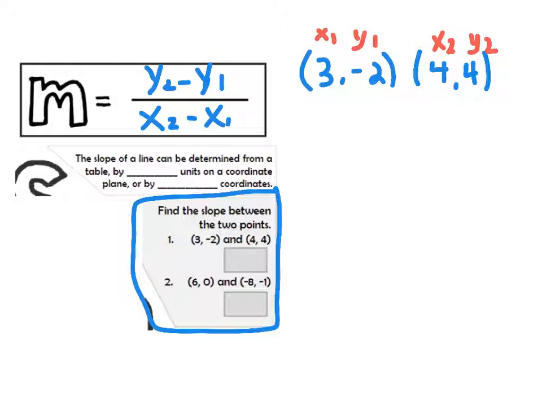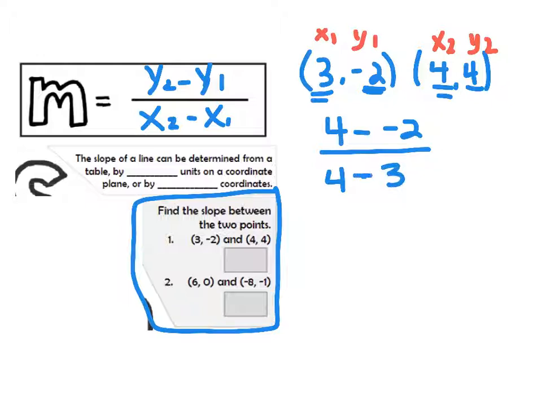And then plug them into the formula. So the formula says y2, so that would be 4, minus y1, that would be -2, over x2, well that would be 4, minus x1, that would be 3.